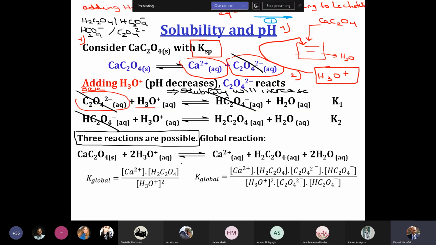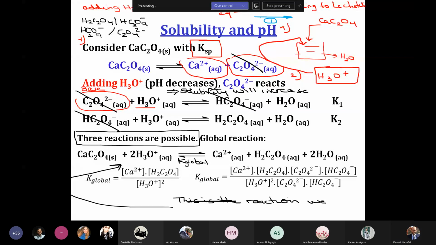We have to calculate K global, and we have to work on this reaction. Pay attention that now we have a new type of exercise. We have to work on the global reaction.